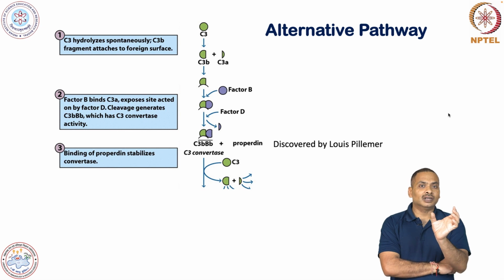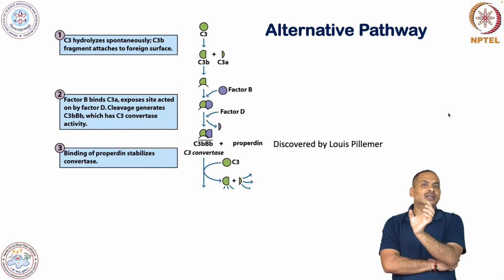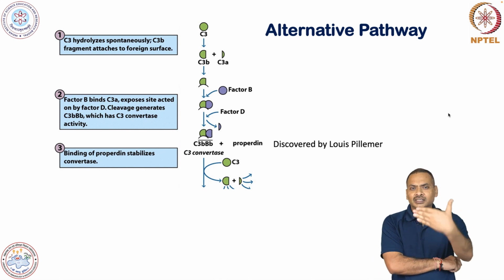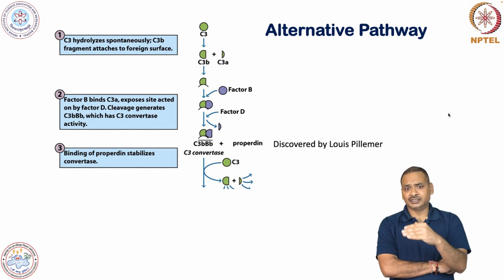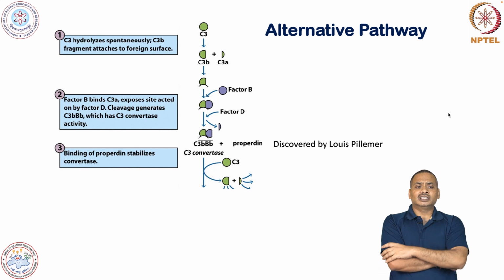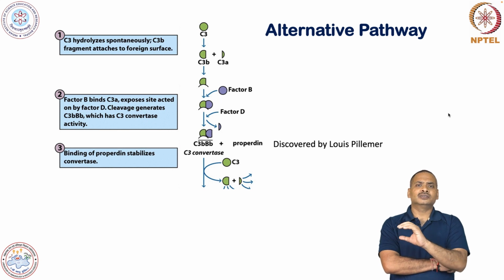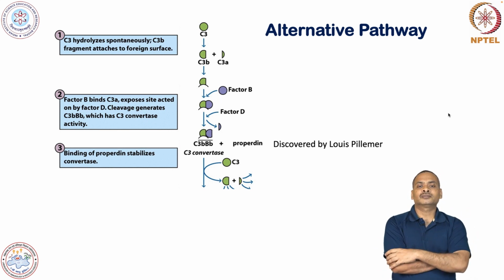Here there will be a larger fragment of C3 and a larger fragment of factor B. So this makes a complex, and this complex acts as a C3 convertase, and this complex is stabilized by properdin. The C3 convertase basically binds with this properdin, and it stabilizes this complex.